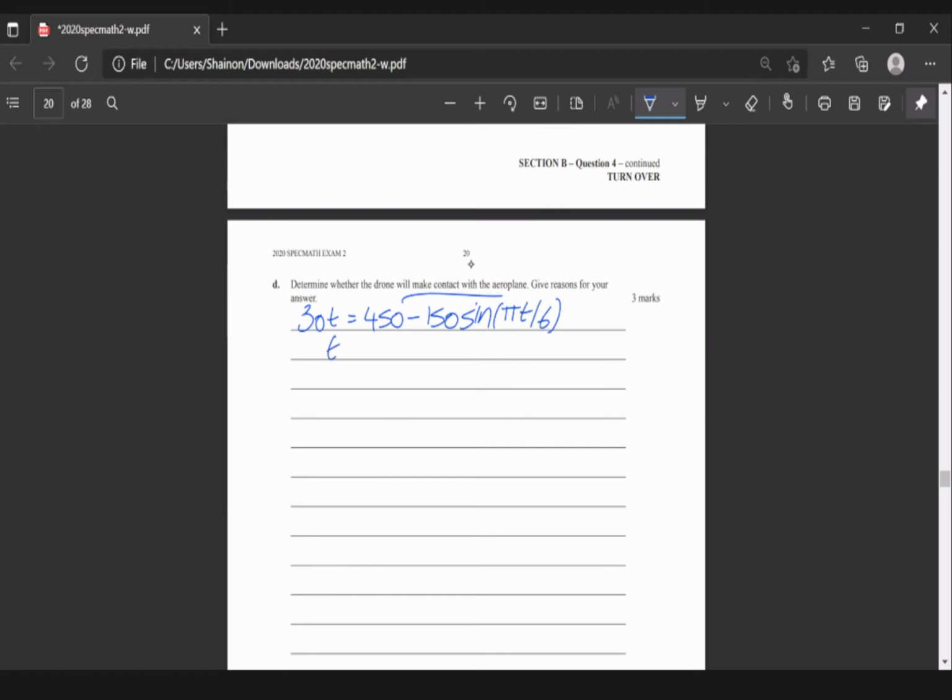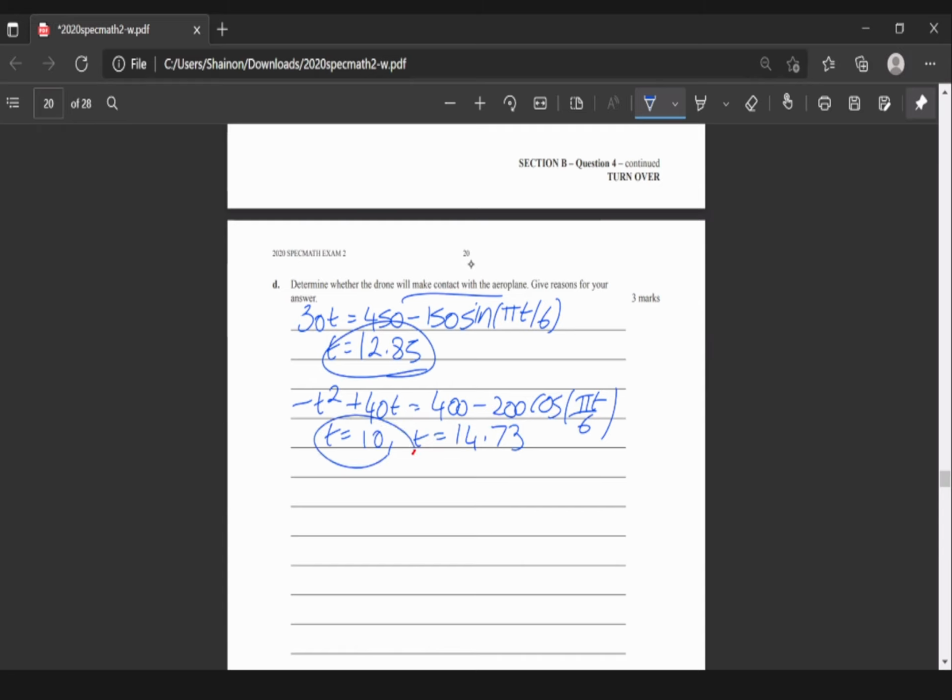Then t is going to equate to 12.85. So negative t squared plus 40t equals 400 minus 200 cos pi t over 6. So t is going to equate to 10, or t is equal to 14.73.